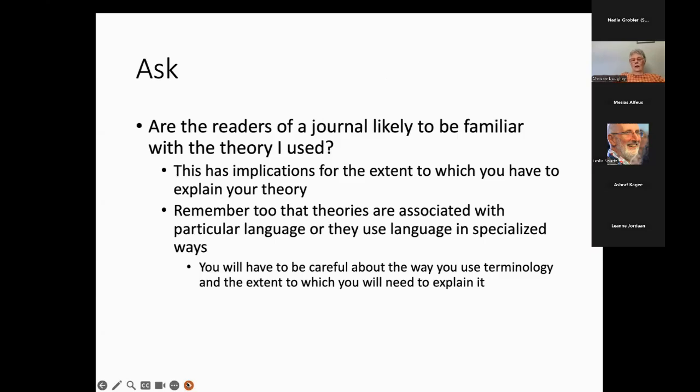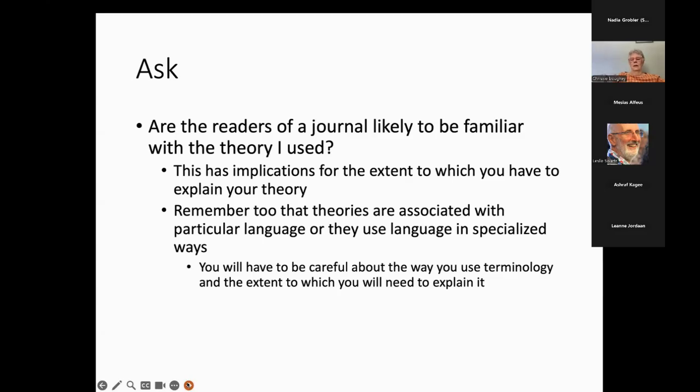So one question you could ask is, are the readers of the journal likely to be familiar with the theory that I used? And this then has implications for the extent to which you have to explain your theory. Don't assume everybody knows the theory.